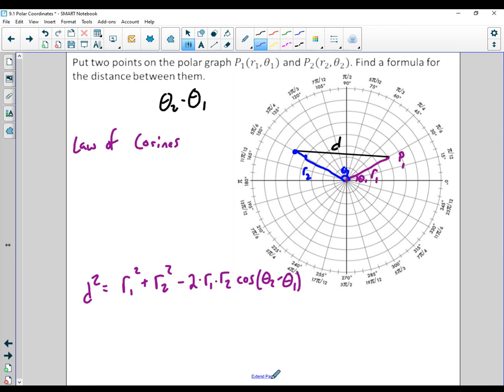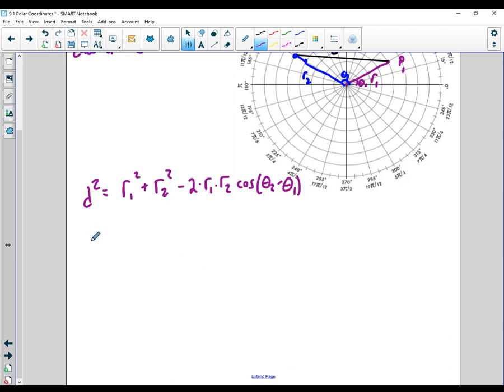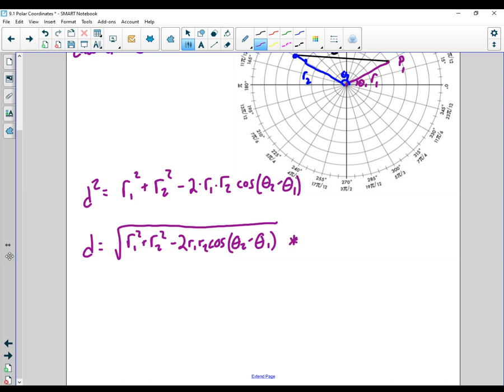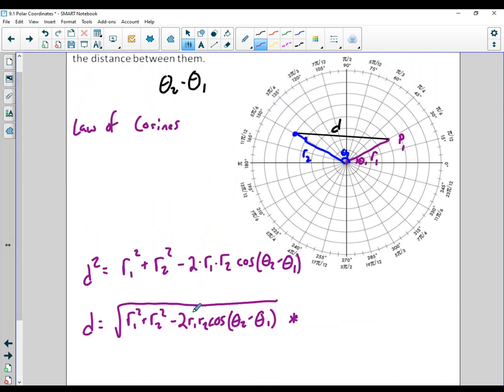So, really, D, once we do that, is going to be the square root of r1 squared plus r2 squared minus 2r1 r2 cosine of theta 2 minus theta 1. And this is probably something you want to have written down right here. The distance between 2 points on a polar graph is this.